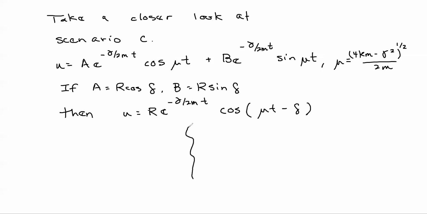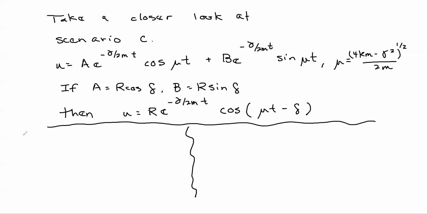And so what we want to do here is compare the previous result with no damping. We get u equals R cosine of root k over m t minus delta.